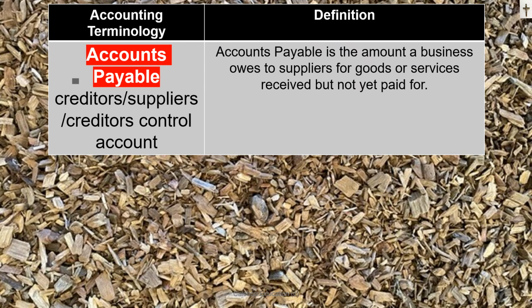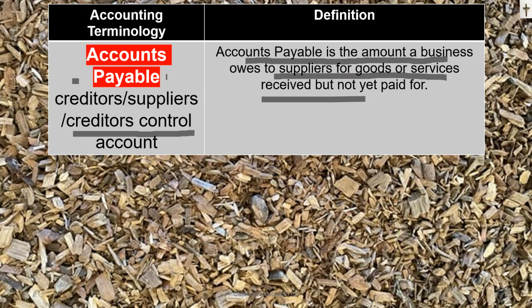Right, accounts payable. Now, accounts payable is also known, maybe to some of you, as creditors control. So when we buy something on credit, accounts payable is the amount a business owes to suppliers for goods or services received but not yet paid for.